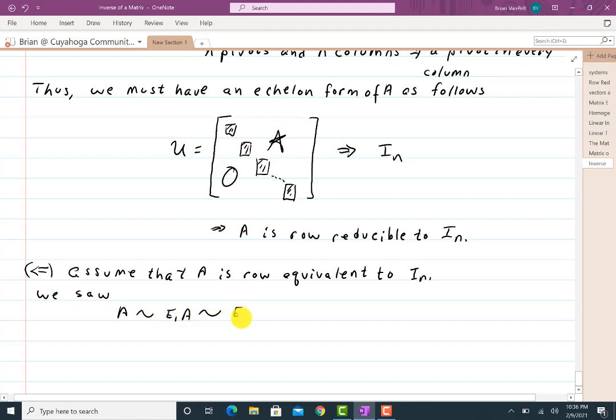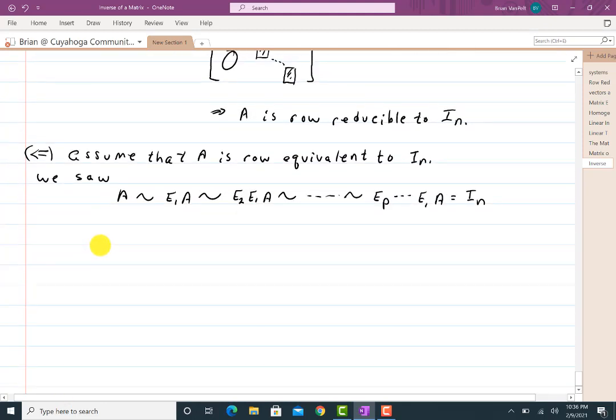These are just row operations, E2, E1A. And I can use as many row operations as I want, used instead as multiplying by these matrices, using left multiplication by these matrices, until I eventually get to something like this. And so we knew that it was row equivalent to I_n, so I can use those matrices.